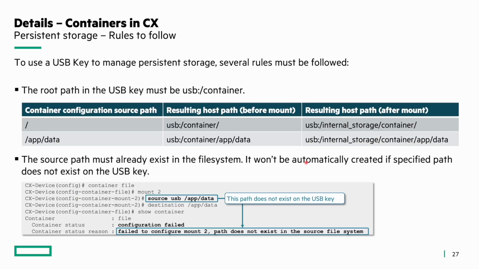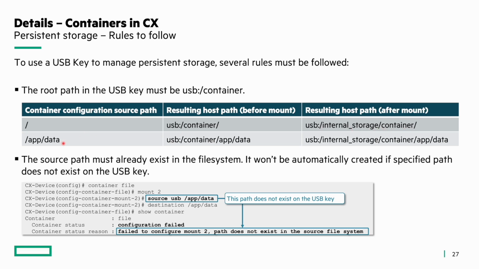To use a USB key to manage persistent storage, several rules must be followed. First, the root path on the USB key must be USB:/container. So when we do the container configuration, if we put the source path as /, it means on the USB key that before the mount it is USB:/container, and after the mount it will be USB:/internal storage/container.